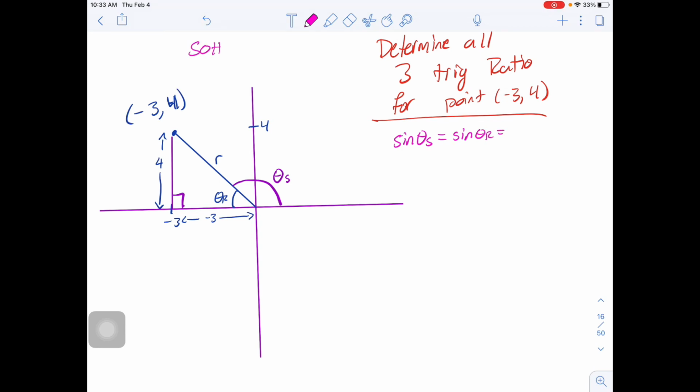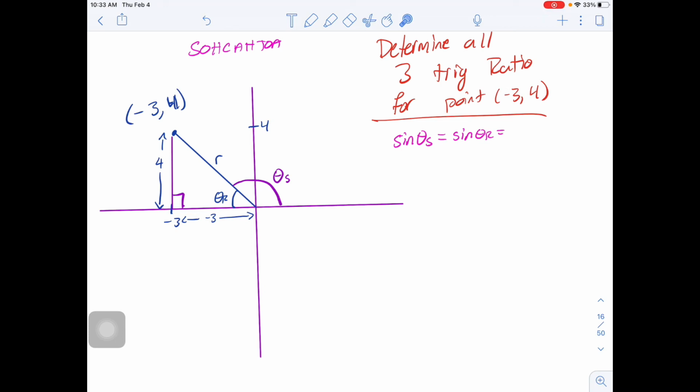Recall all about your SOHCAHTOA. Okay, so we have SOHCAHTOA at this point. We are going to use opposite over hypotenuse to find sine. So this is opposite over hypotenuse. And what is opposite over hypotenuse?